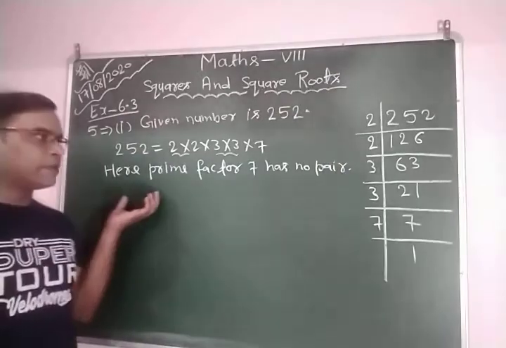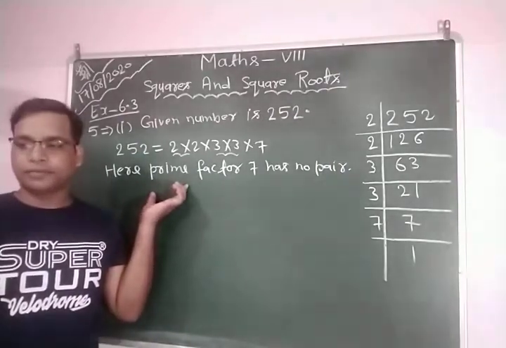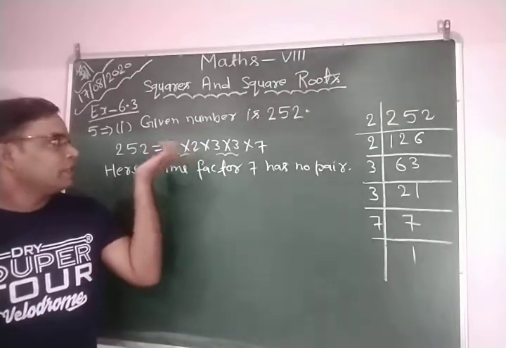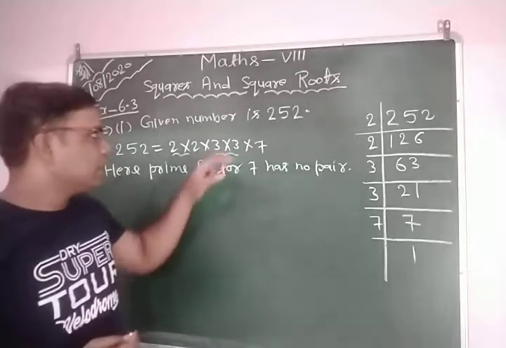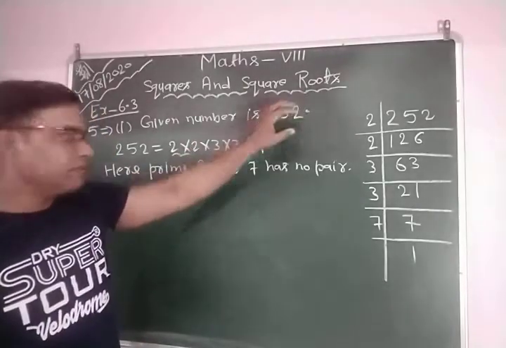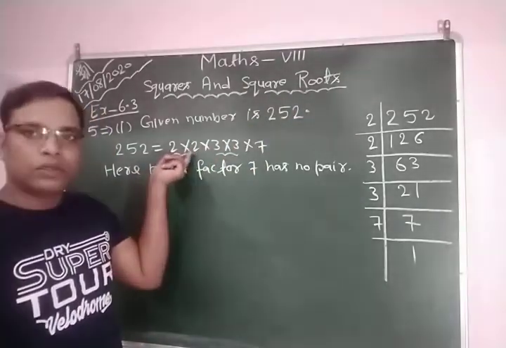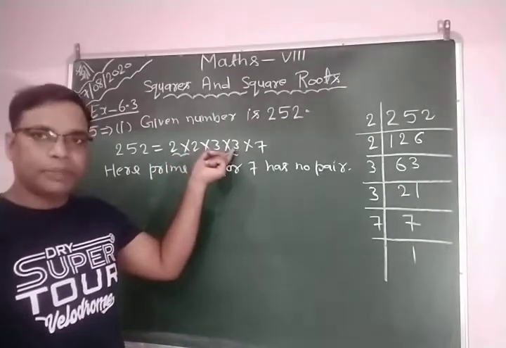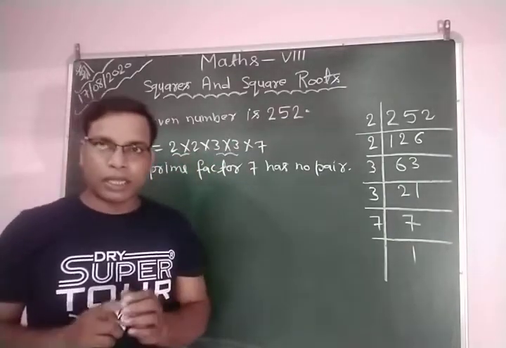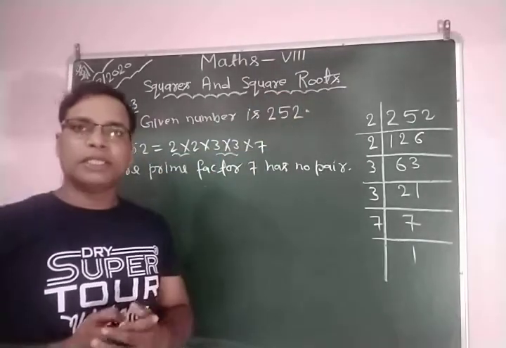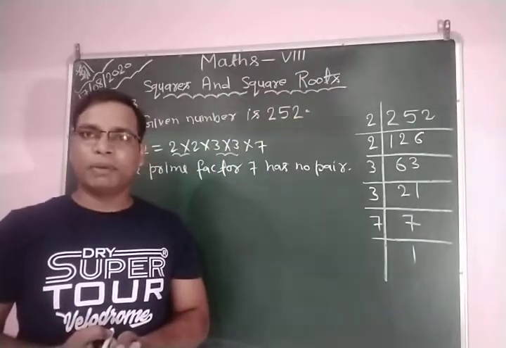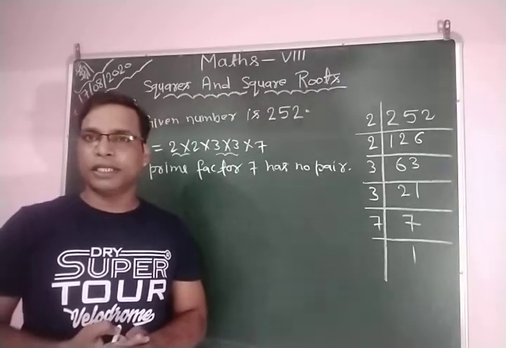Okay, here prime factor 7 has no pair, therefore 252 must be multiplied by 7. This is not a perfect square because you can see 2 is in pair, 3 is in pair, but 7 has no pair. If we multiply this number 252 by 7, then it becomes a perfect square number. This is clear.